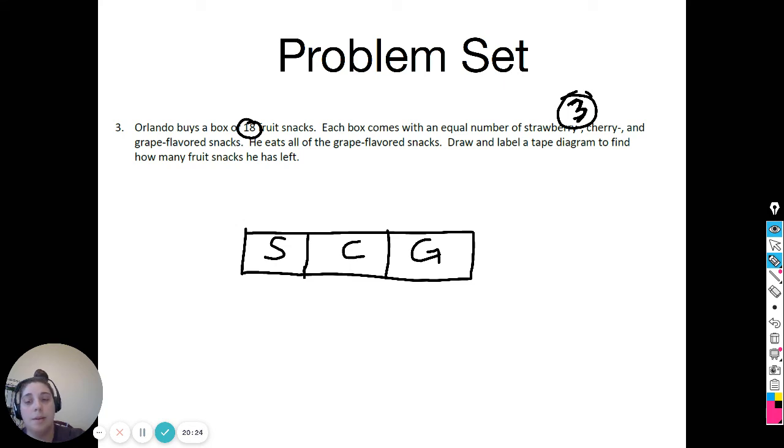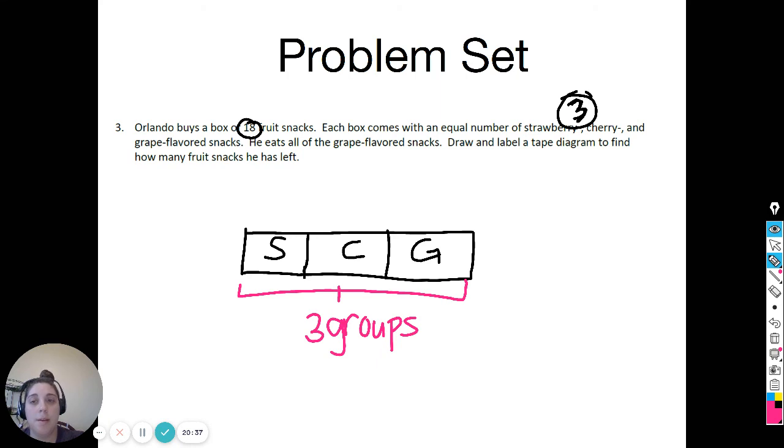So I'm going to label that as having 3 groups. And we know that there's 18 fruit snacks in it altogether. So we have 18 total. I'll give you a minute to catch up on that.